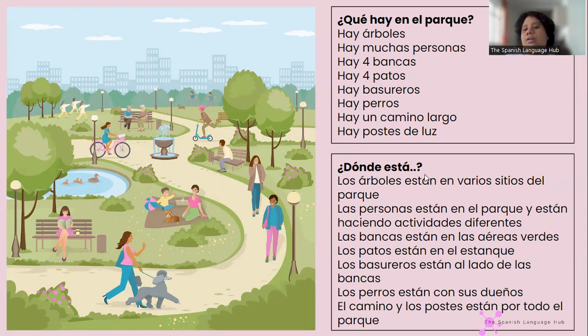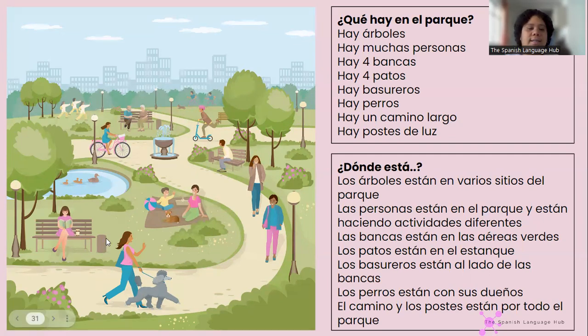Okay, now here, ¿dónde está? is where is it? Where are those things that I listed in the park? In which part of the park are they? So, los árboles están en varios sitios del parque. The trees are in several places of the park. Las personas están en el parque y están haciendo actividades diferentes. So the people are in the park and they're doing different activities.